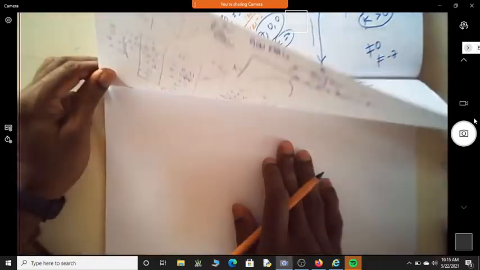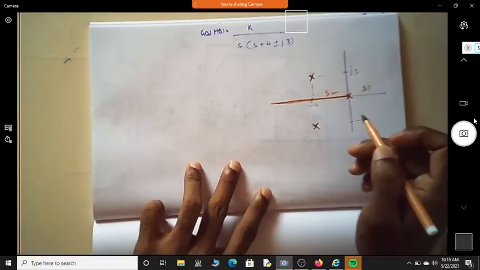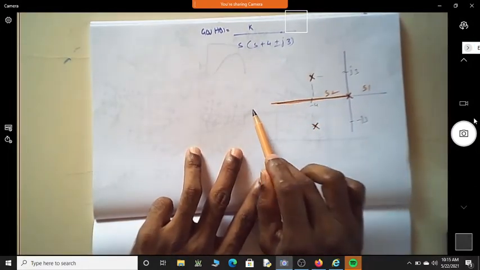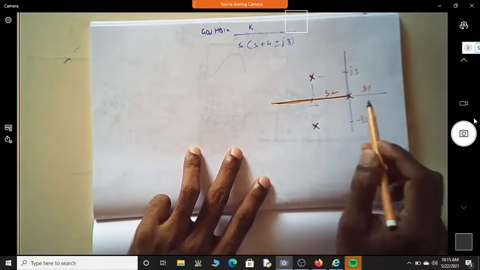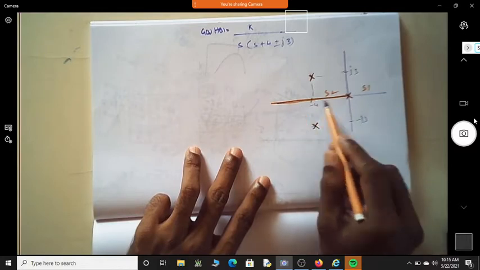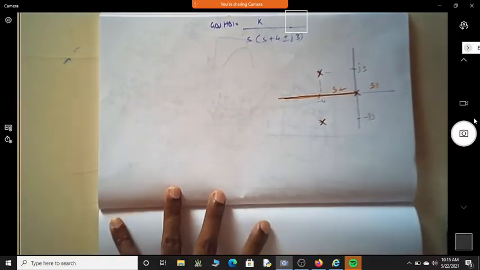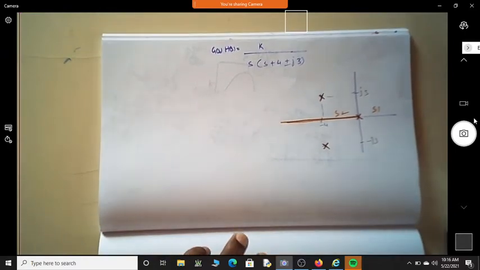Each and every word in these statements is very important. We are looking at the number of poles of the open loop transfer function on the S-plane, only the real part on the S-plane. So that should be an odd number for that part of the real axis to be part of the root locus.